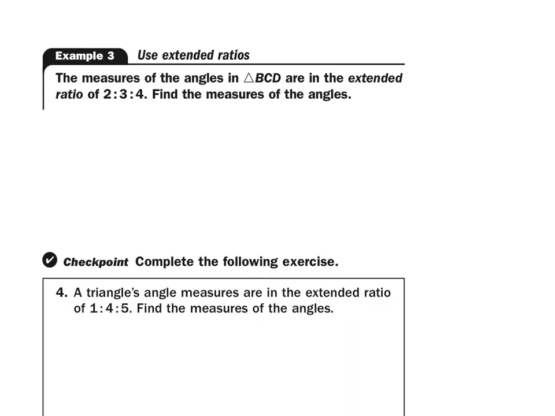Using extended ratios just means that it's more than two numbers being compared. So we have the measures of angles in the extended ratio 2 to 3 to 4. So we have this triangle. So we have 2x, 3x, 4x. So I know those added together must equal 180.